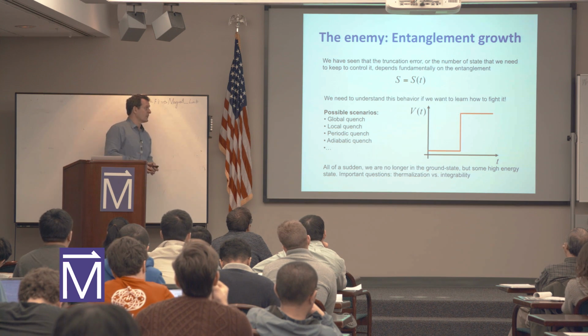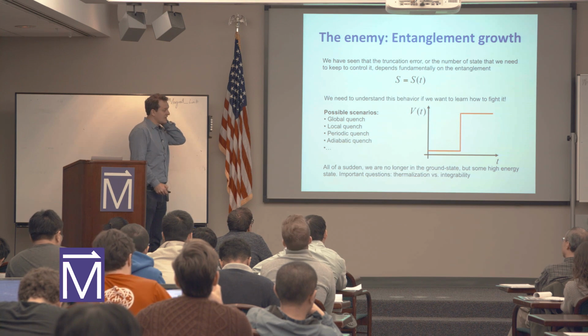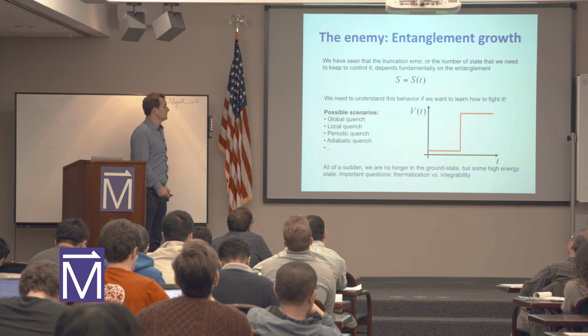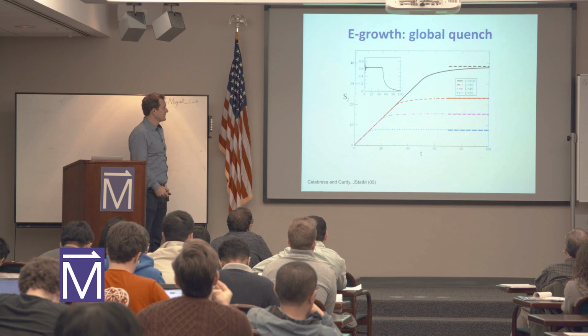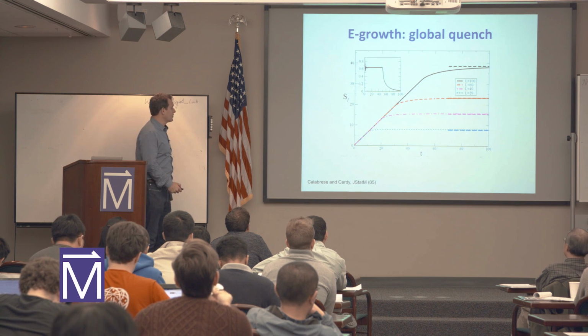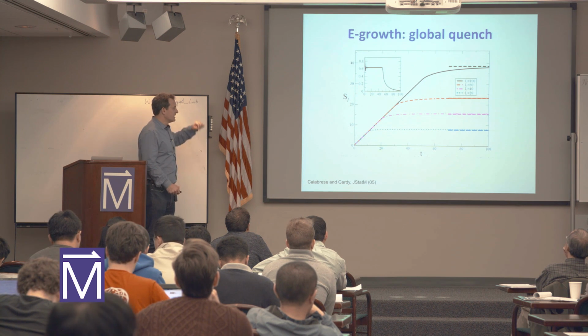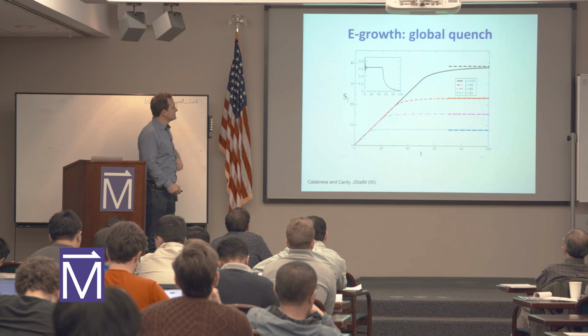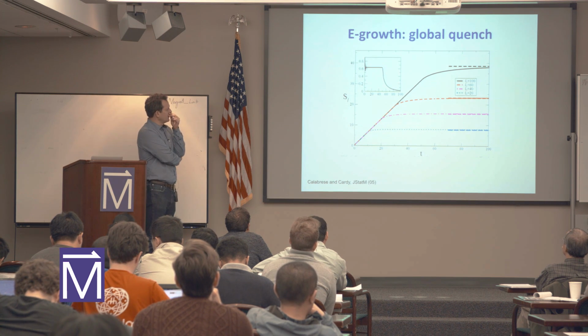But again, all of a sudden, we're no longer in the ground state. We're in some mixture of highly excited states, and it's not trivial to know beforehand what the behavior is going to be. But in a global quench, for instance, you can have a behavior like this. This is, I think, a transverse field Ising model. I don't even remember what this is.